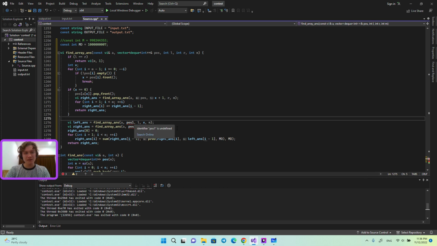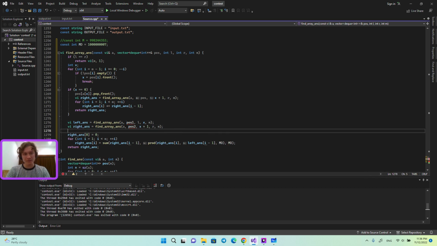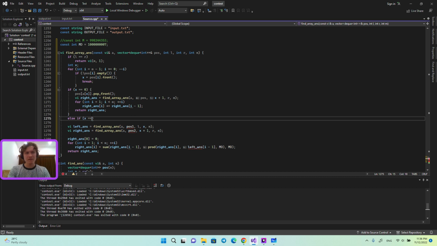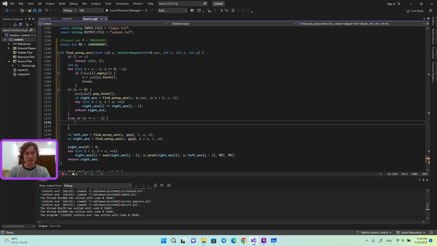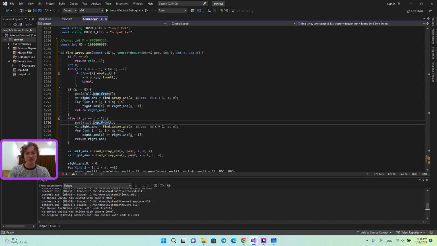So I just need to fill these pos1 and pos2 things. How do I do it? Okay, let's also, if x equals r minus 1, then we do the same thing, but we pop back from ax. We find left ans like this.